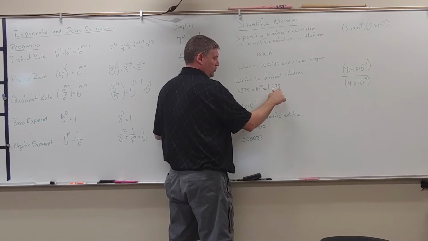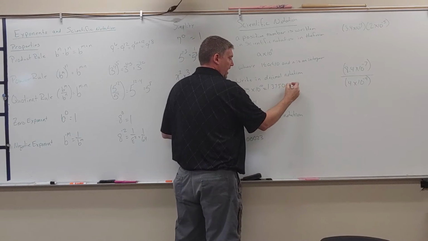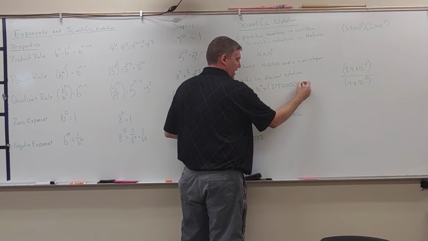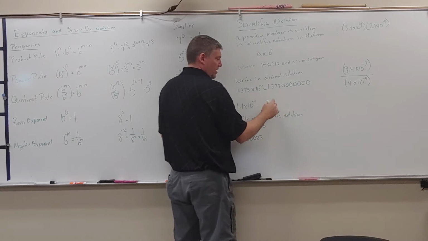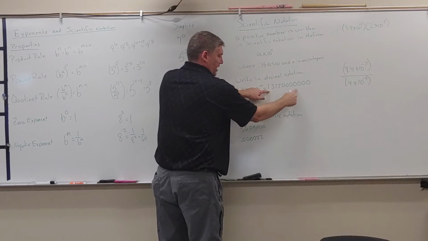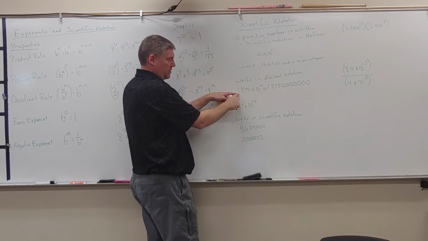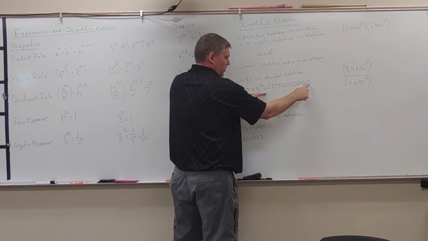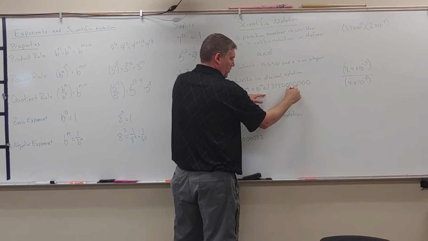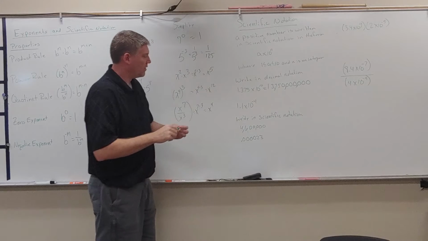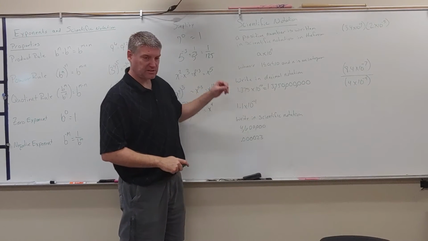So 1, 2, 3, 4, 5, 6, 7, 8, 9, 10. So I have to have 10 digits after this 1, okay, because that's a positive 10. So 1, 2, 3, put a comma, 1, 2, 3, put a comma, 1, 2, 3, put a comma. All right, so there is our expansion.